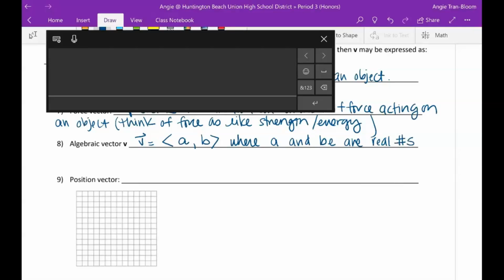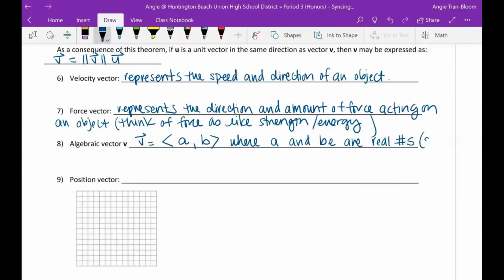In the earlier unit, any real number that you see is called a scalar, because earlier we also dealt with imaginary numbers. In vectors we use real numbers here, and the a and b are called components.